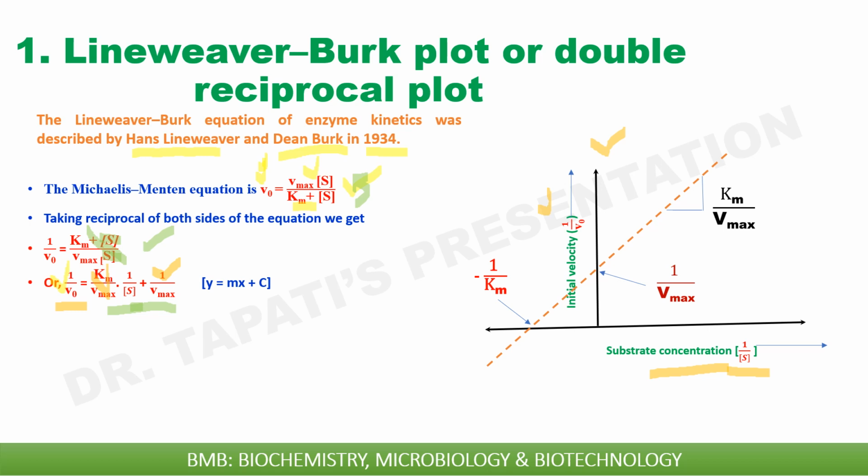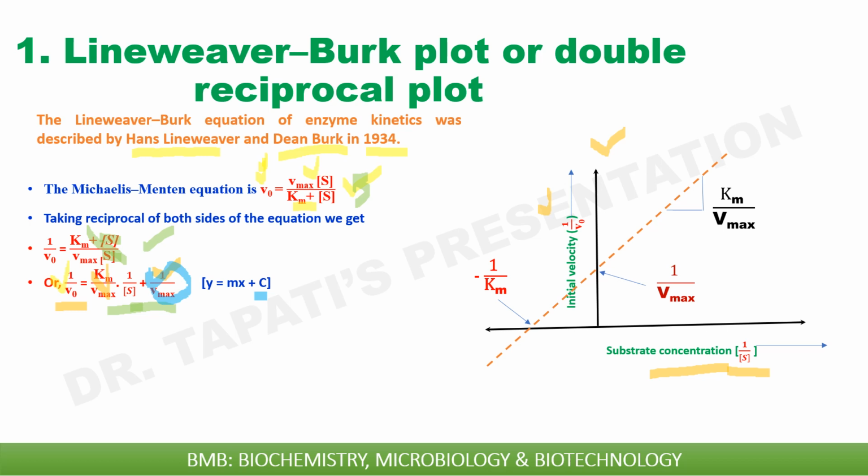In that case, the C value, which means the intercept on the y axis, is 1 by Vmax. I hope you are understanding it. The intercept, that is the C value, is this part, 1 by Vmax.